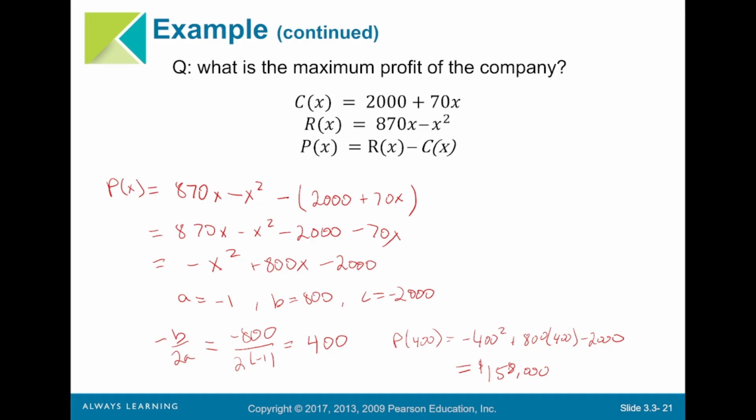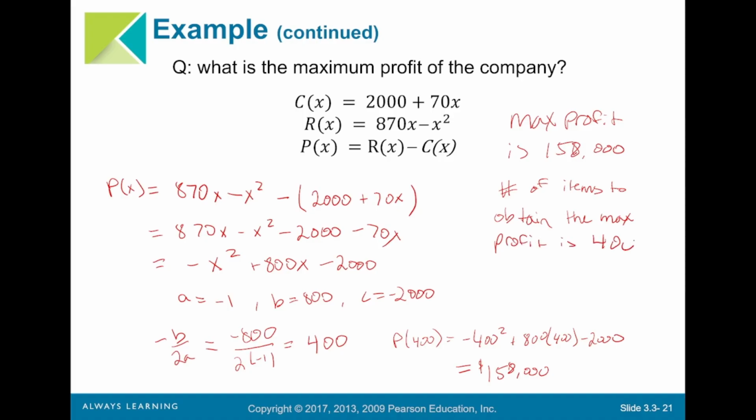So the max profit is $158,000, and the number of items to obtain the max profit is 400.